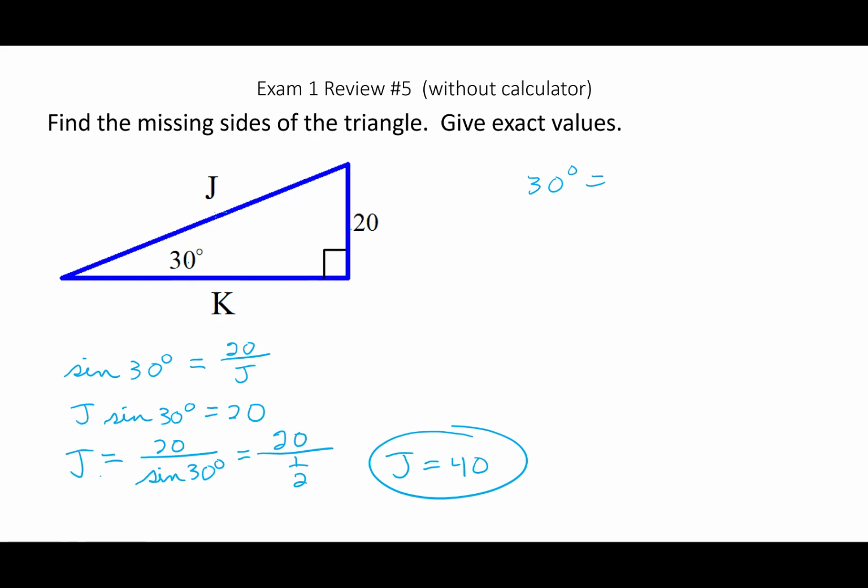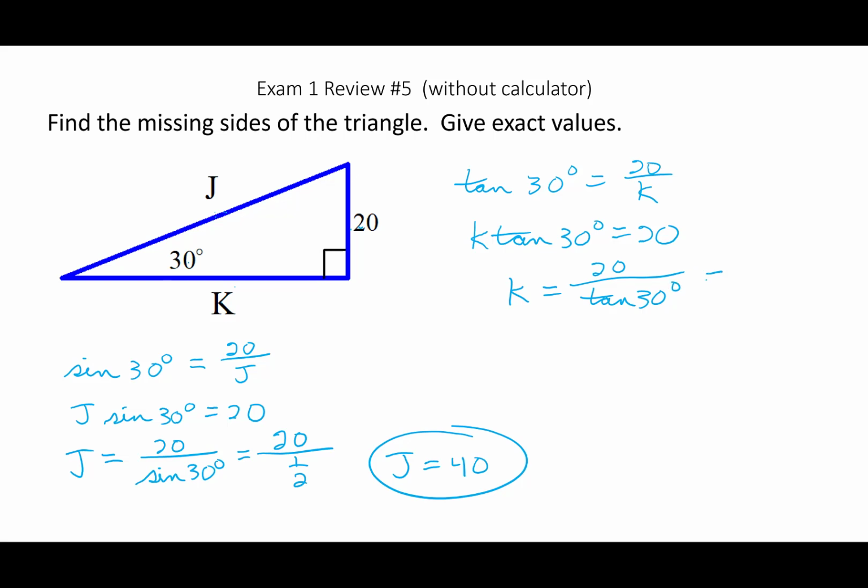Okay, so let's look back again. So the opposite and adjacent, we're going to be using the tangent function. So the tangent of 30 degrees equals 20 over K. Multiplying both sides by K, we get K times tangent 30 degrees equals 20. And so K is going to equal 20 over tangent of 30 degrees.